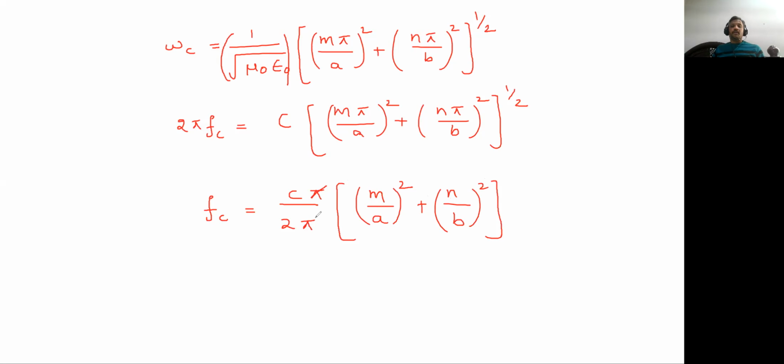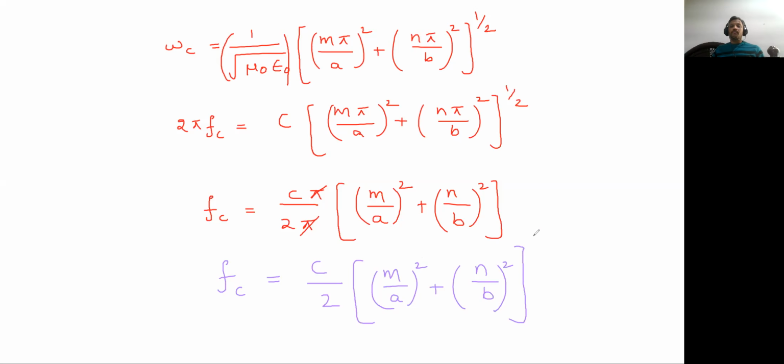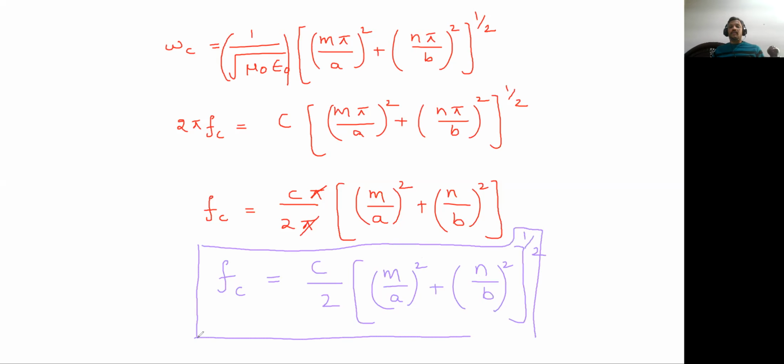Here pi gets cancelled, and finally we get fc equal to c by 2 times [(m by a) whole square plus (n by b) whole square] whole power 1 by 2. This is the expression for the cutoff frequency which we will be using for all the analysis, that is TE and TM analysis.